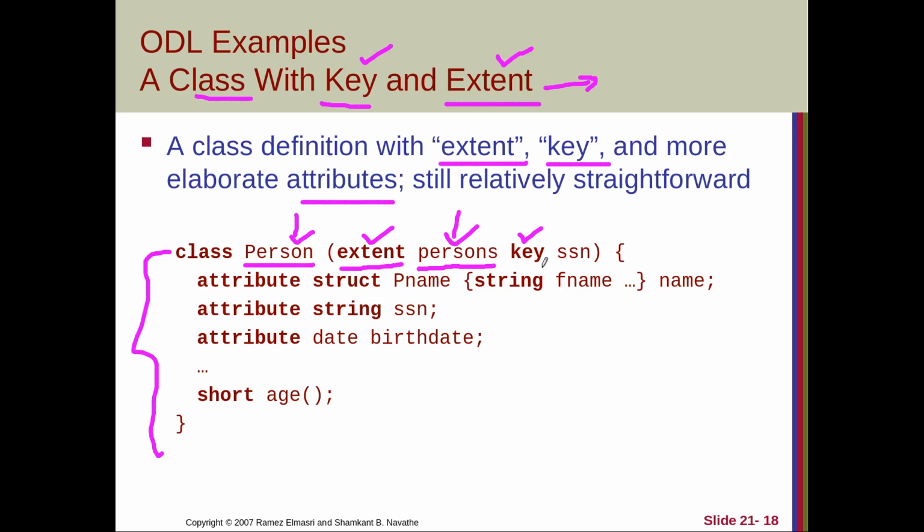So key is the keyword, then give a space, then provide the name of the key attribute, which is given here is SSN. So class name, within parenthesis, provide extent, give an extent name, then key, give the key attribute name, then opening curly bracket, then you can specify the first attribute.